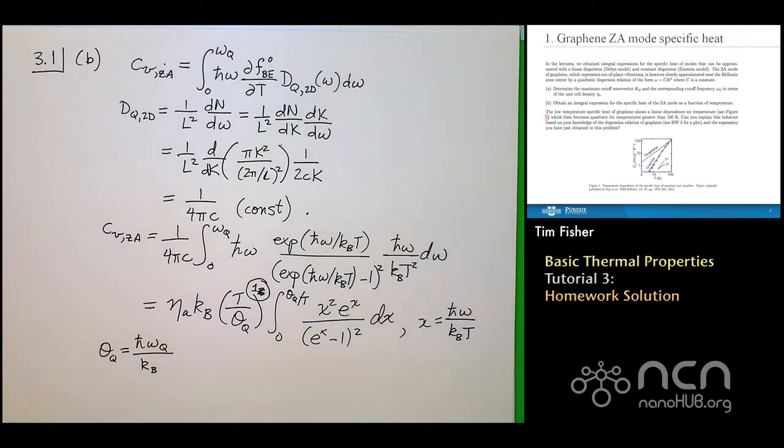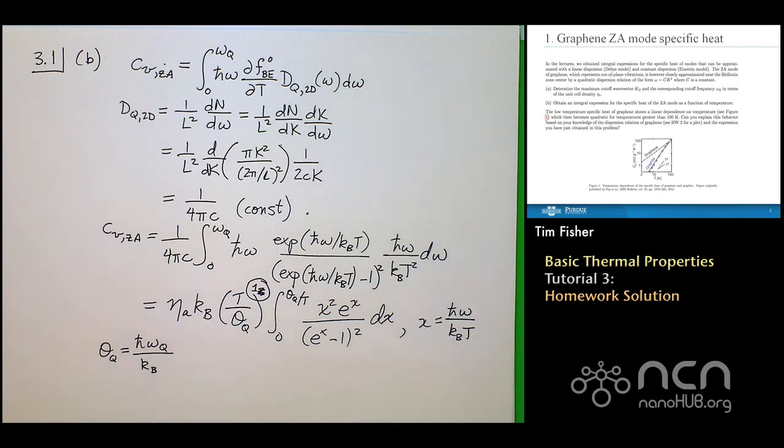So the ZA modes are low frequency, and so what we find with graphene is that at very, very low temperatures, the ZA modes dominate the specific heat, and indeed we can even measure a linear temperature dependence.